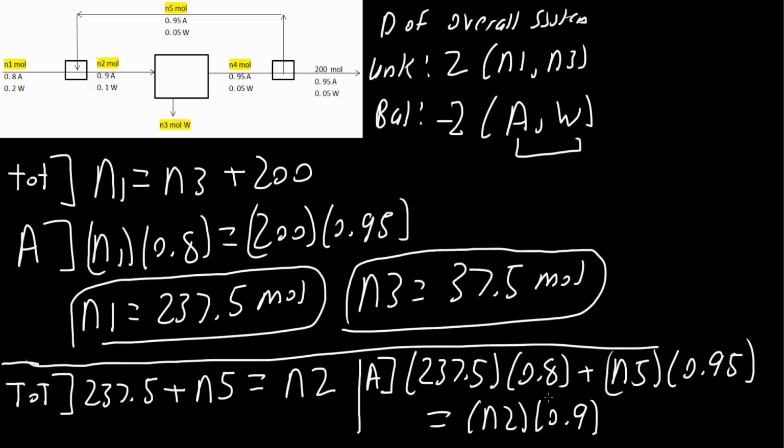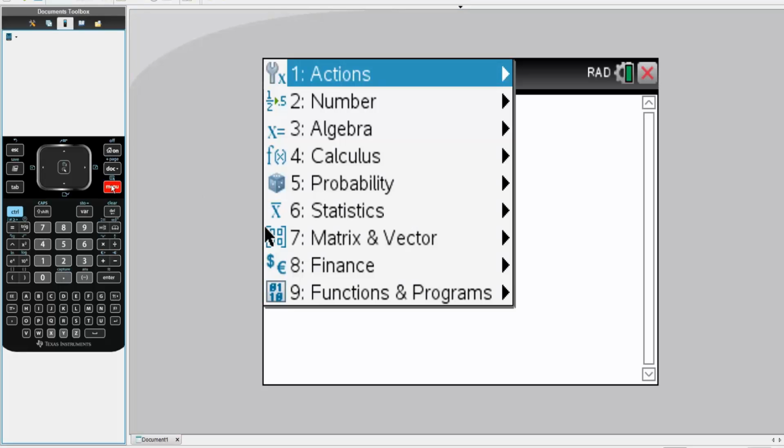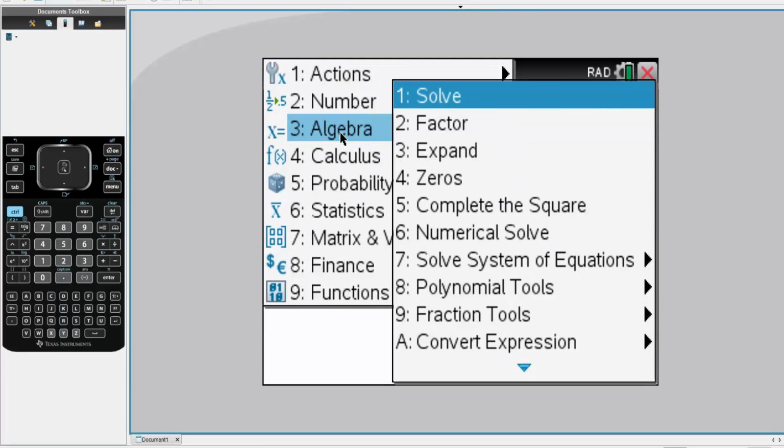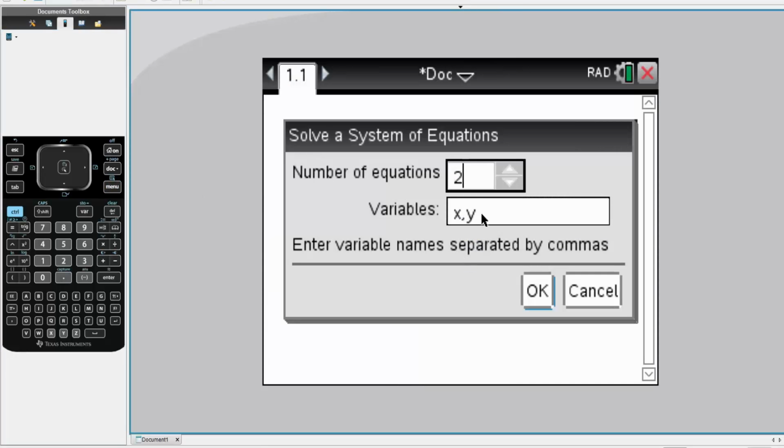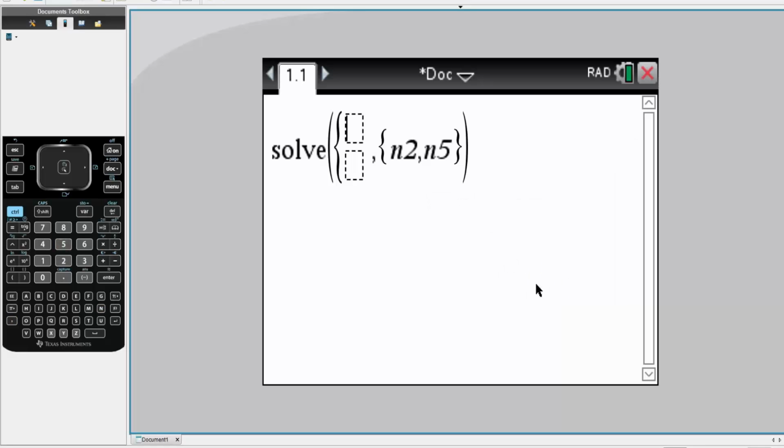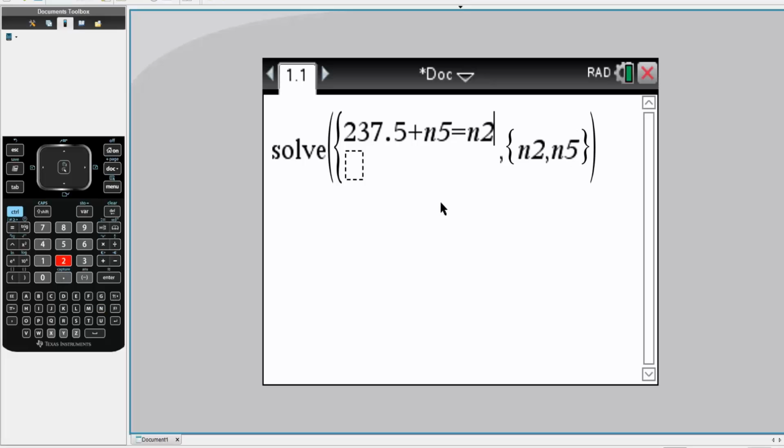So now we will have to use a calculator. I'm going to pull up my TI Inspire. I will hit menu, 3 for algebra, 7 solve system of equations. We have two unknowns, N2 comma N5, and we simply write down the two equations. 237.5 plus N5 is equal to N2.